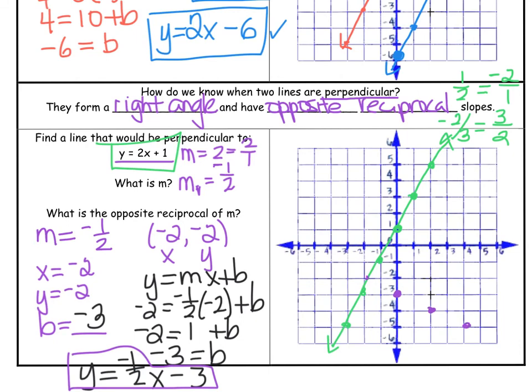I can go up 1 and to the left 2, up 1 and to the left 2. So draw my line. Does it pass through this point? Does it pass through negative 2, negative 2? And yes, it does. Is it perpendicular to the line y equals 2x plus 1? Yes, it is.